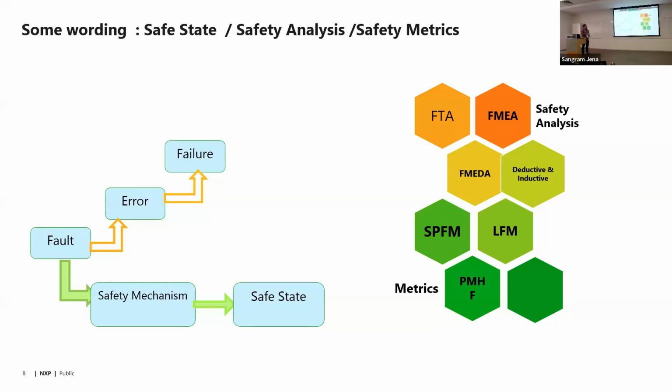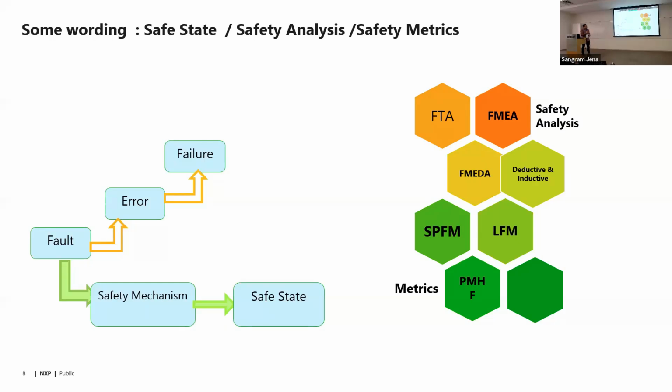The next one is the FMEDA. That is slightly different. It is an extension of FMEA, and there are two metrics that are relevant from the point of view of safety. Whenever you have a safety assessment, these are the metrics that are looked at to ensure that your SOC is qualifying to the particular standard.